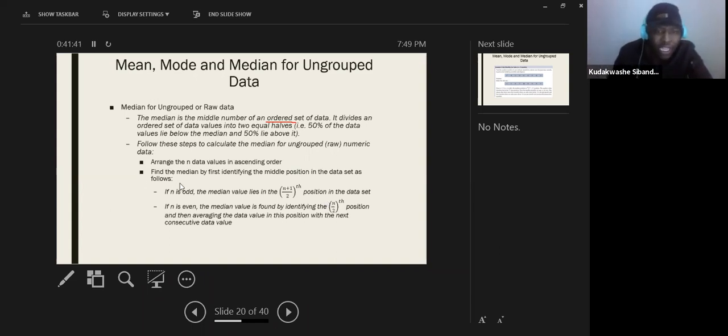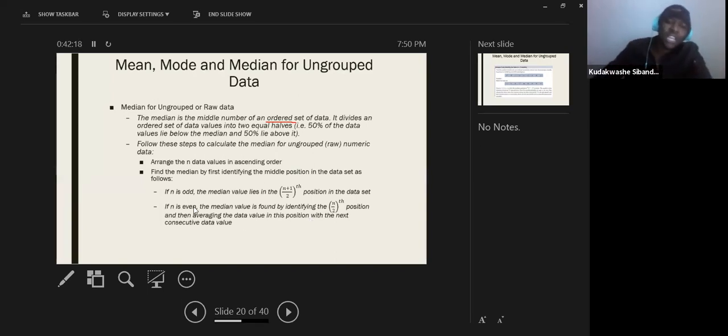After you arrange them in ascending order, you then check whether the number of data values is odd or even. Because if it is odd, there is a certain formula that you use to calculate the position of that median value. If it is even, there's a different formula which you have to use to calculate the position of the median value.